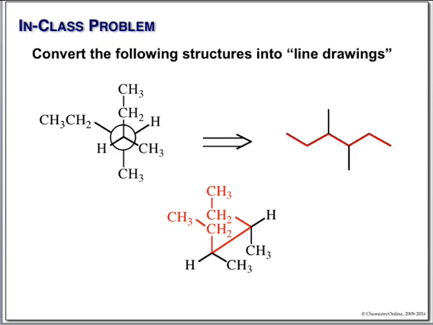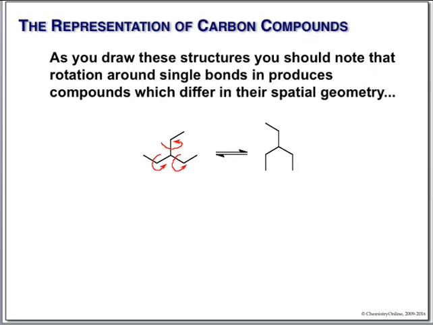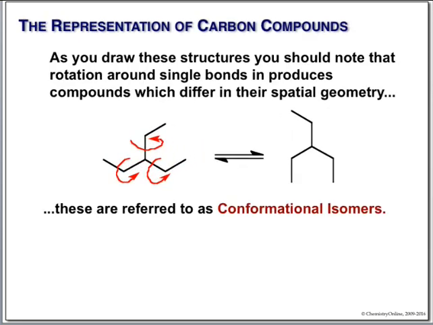So if we look at this structure here, we have a 1, 2, 3, 4, 5 carbon chain with an ethyl group. And we realize that all of these bonds are rotating 1,000,000 times a second. Then any way you draw it is going to work.